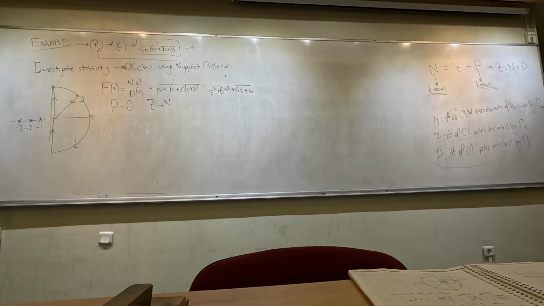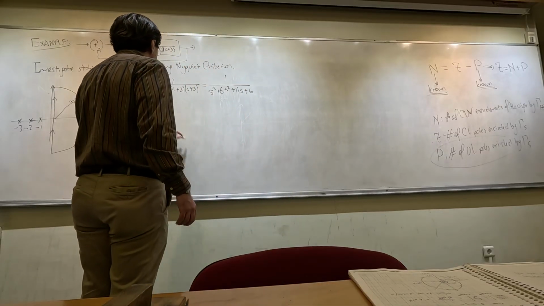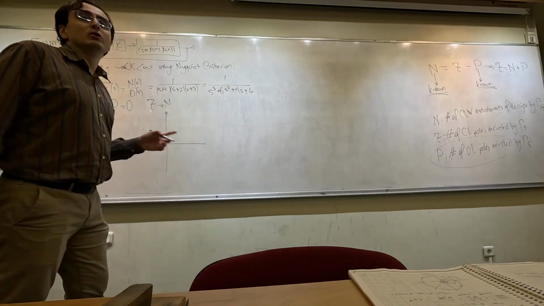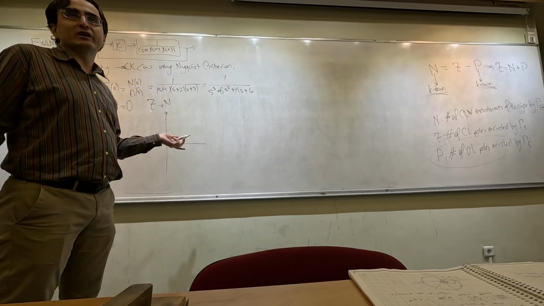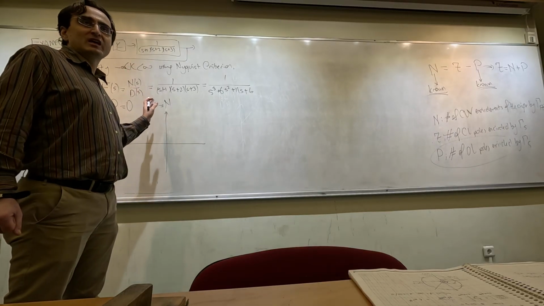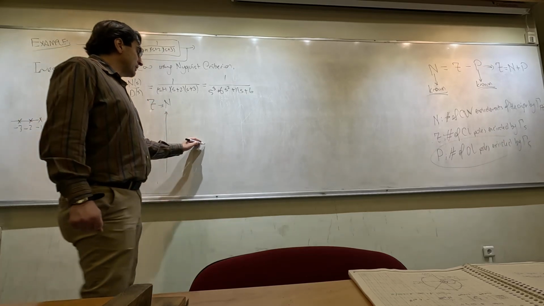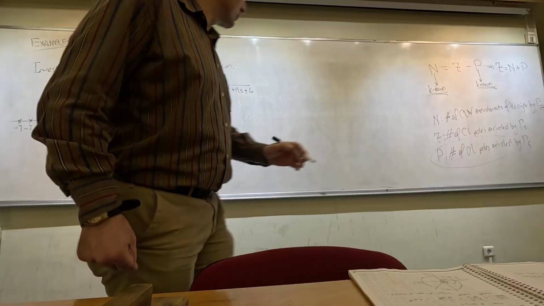So now here, I would like to spoil the surprise first. I'm going to draw the Nyquist plot for this system. Currently, you won't understand what I'm drawing here, or why the shape looks like this. We are going to do this step by step in much more detail. But currently, I will just draw the curve that we are going to get.